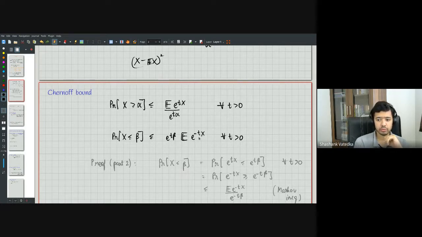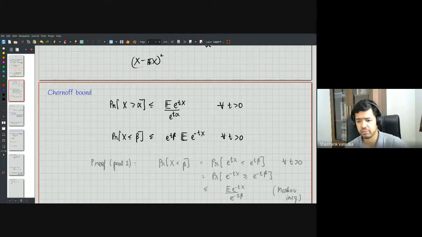Have you seen the Chernoff bound previously in your courses? You would have seen this in the information theory or information sciences course, hopefully. But was this covered in a probability course?